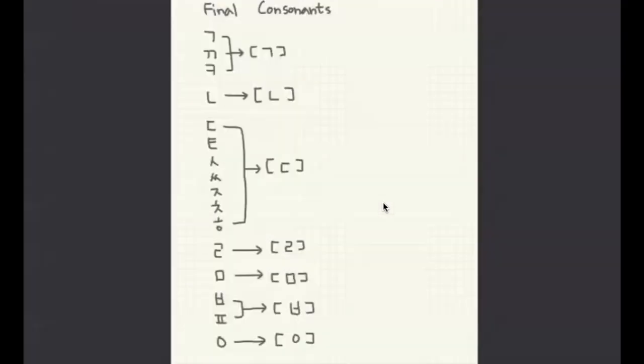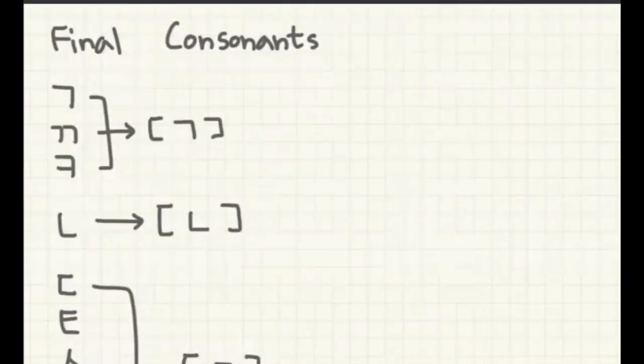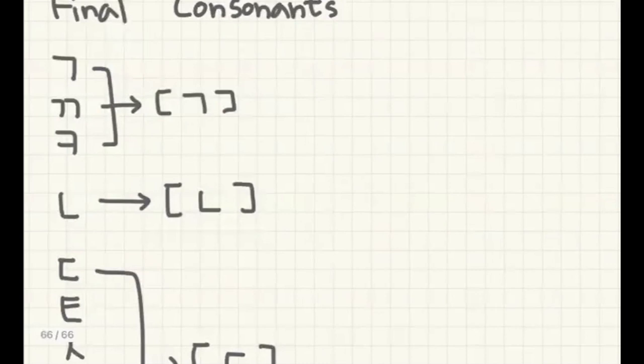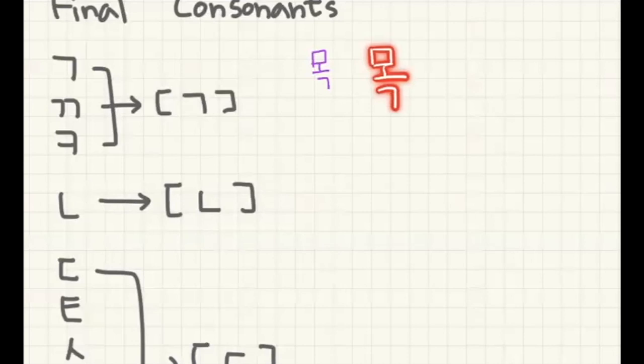So let's see inside of the example. Can you read only this part? But when it is attached with this final consonant, it makes the sound 목, because it's a g sound. 목. For example, can you read only this part? 바.